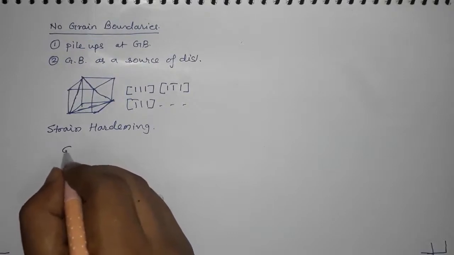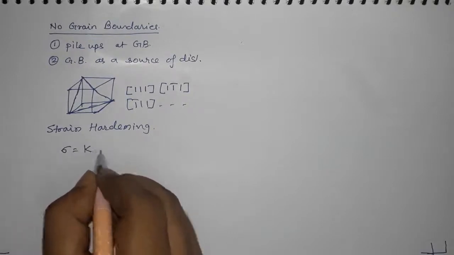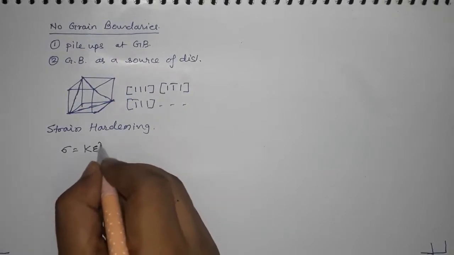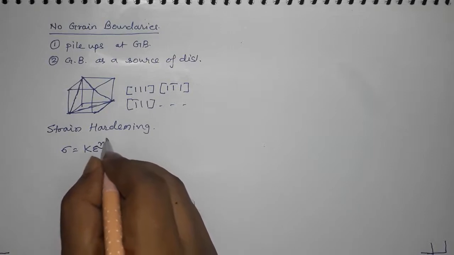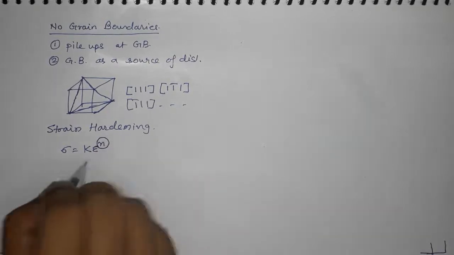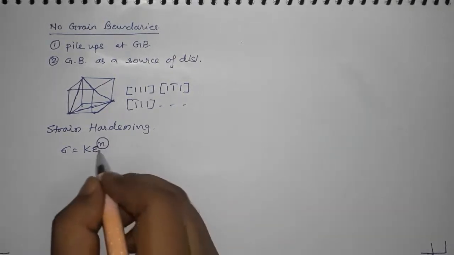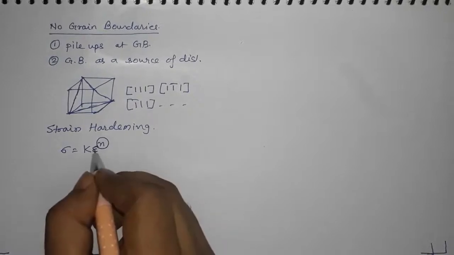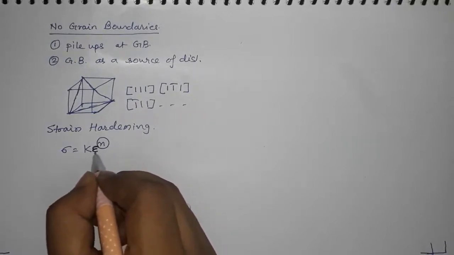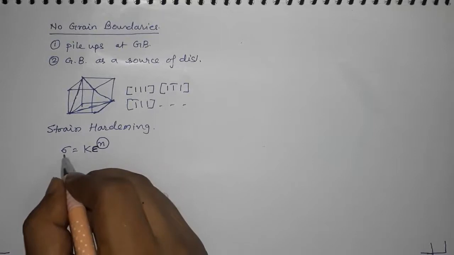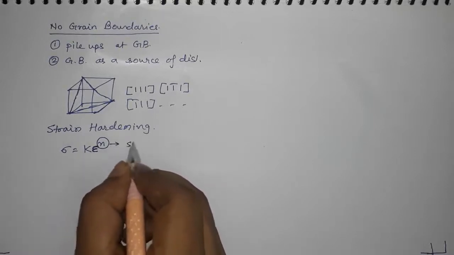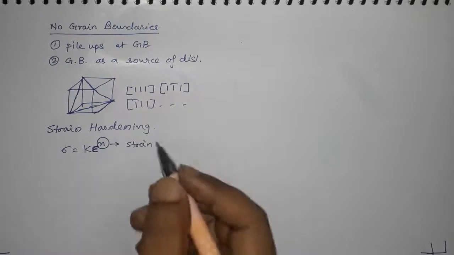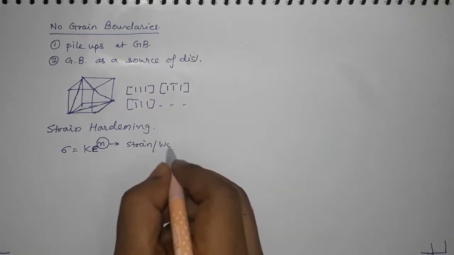part of the curve is described by this equation which we have discussed before. So this coefficient or exponent which describes the strain dependence of stress, that exponent is called the strain hardening exponent, or work hardening exponent.